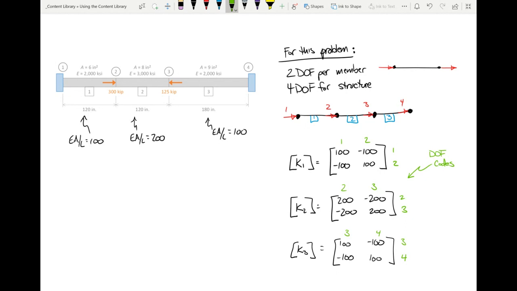For each bar, the stiffness matrix is 2 by 2, but really what I care about is the K matrix for the whole system. And I propose that the K matrix for the whole system is going to be 4 by 4.